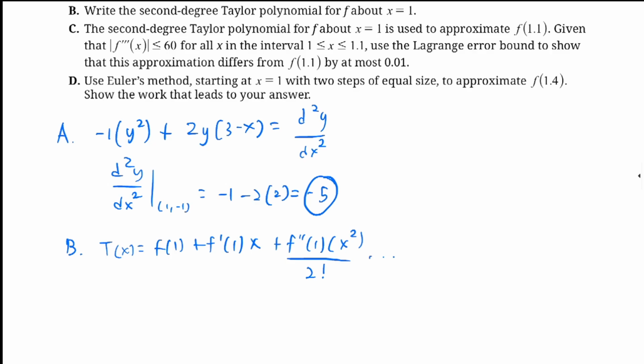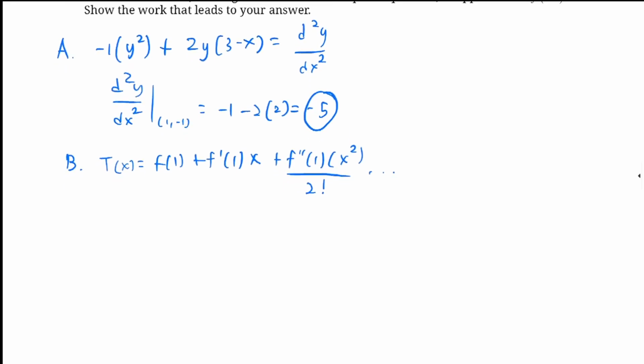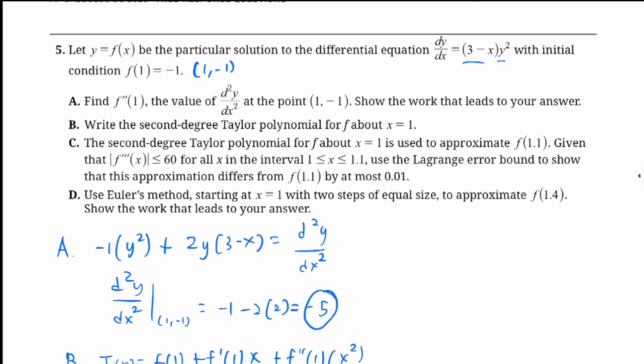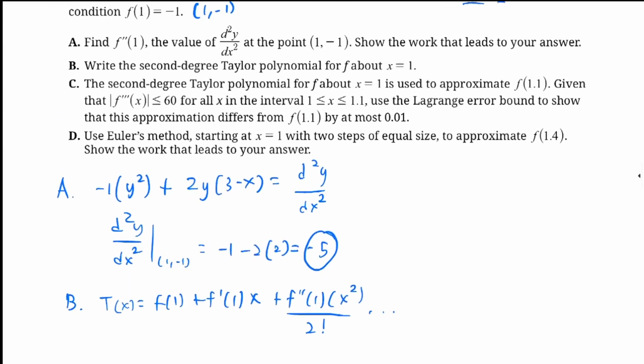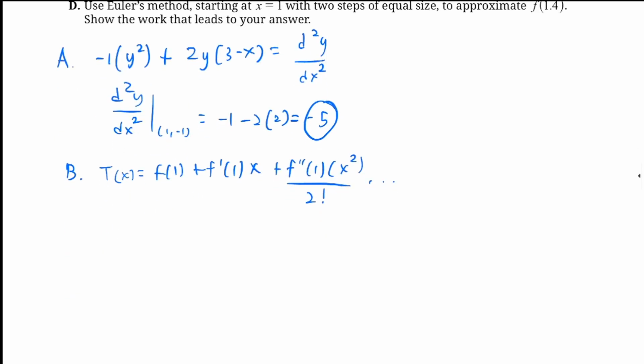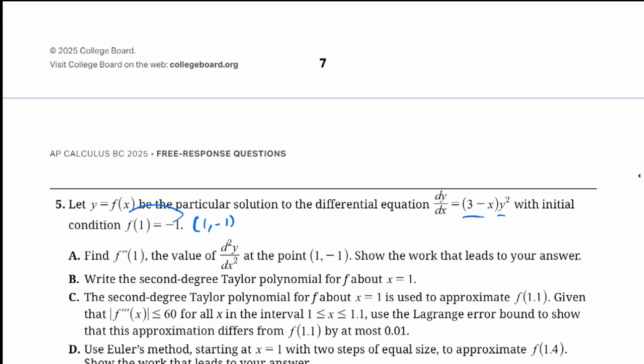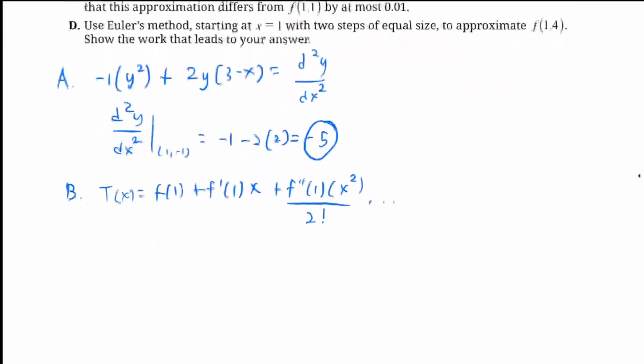And it would go on and on. So for this case, first we want to find the initial condition f of 1, which we already know because we were told that f of 1 is -1.